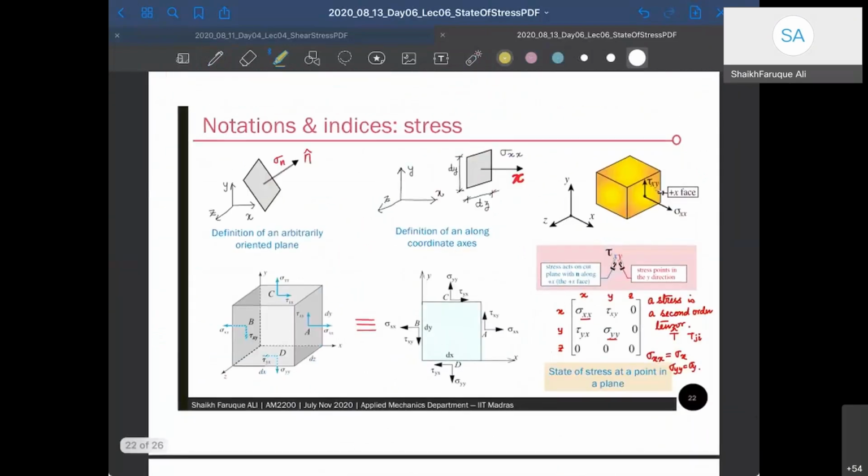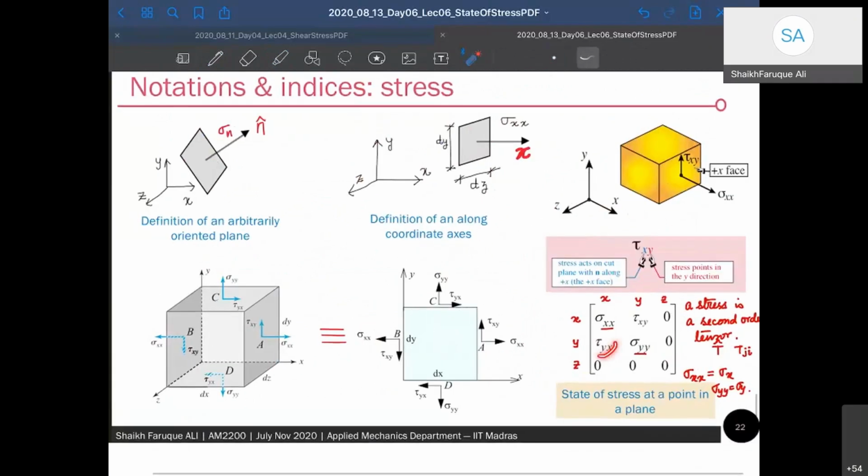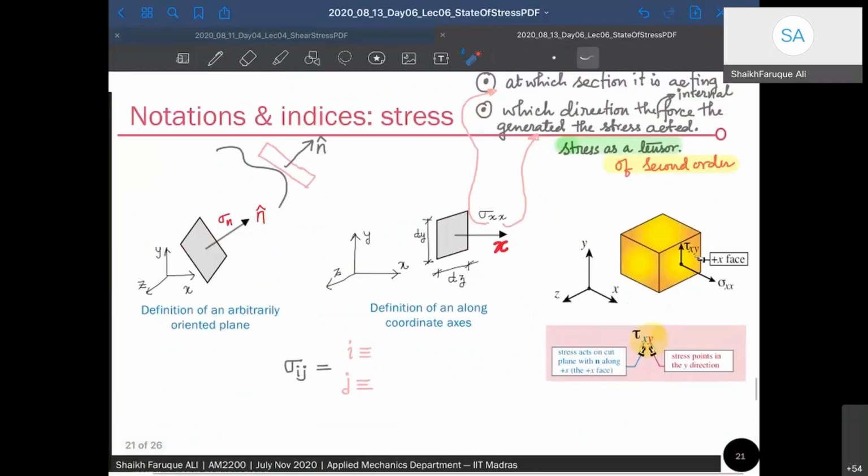In matrix format, as I said, we can write this as sigma xx, tau xy, tau yx, and sigma yy. A stress is a second order tensor, so it is represented not by a vector but by a matrix. I'll write that also here: it is represented using matrices.